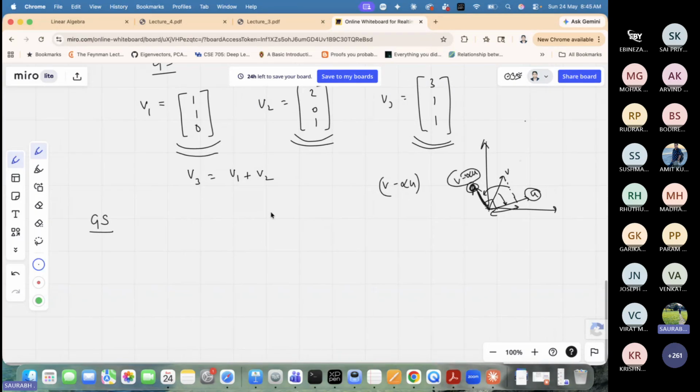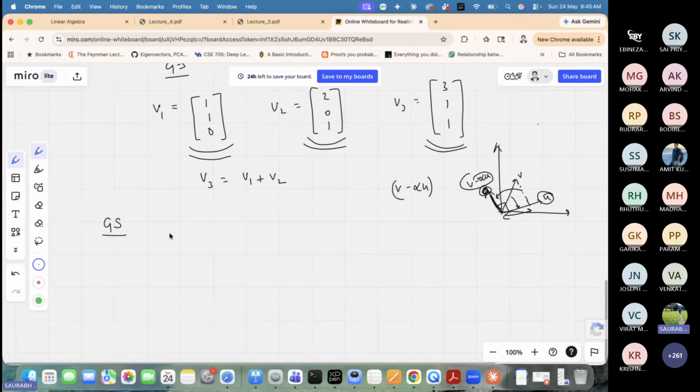The first step is you take the very first vector V1 and say that U1 is equal to V1. It's not a transformation, you're just renaming it as U1 equals V1 for the sake of projection, so that you don't get lost in V1, V2, and V3. So U1 is equal to V1, which is 1, 1, 0.